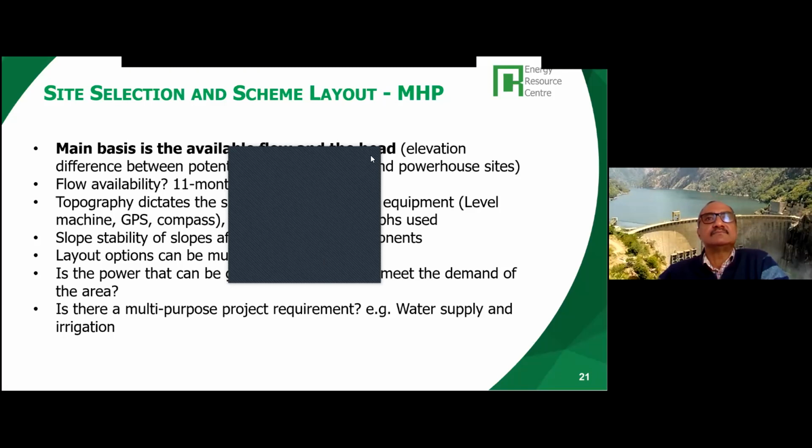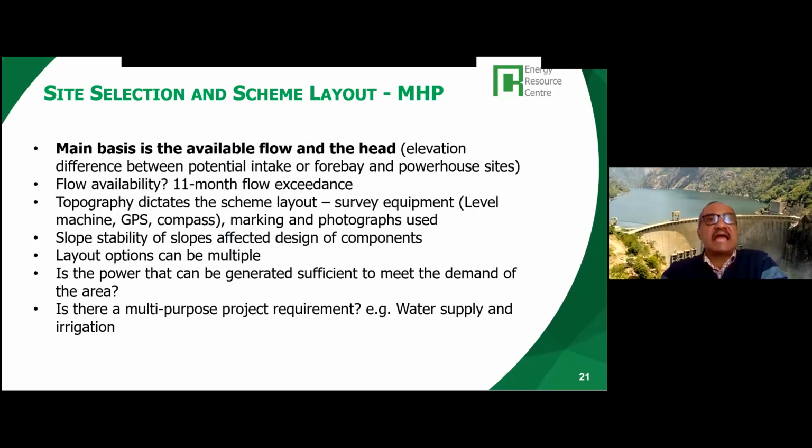And the other thing, as I mentioned, is whether the power generated is enough to meet the demand of the area that I already talked about. Also, a hydropower project has to align with other multi-purpose uses of the project or of the area.